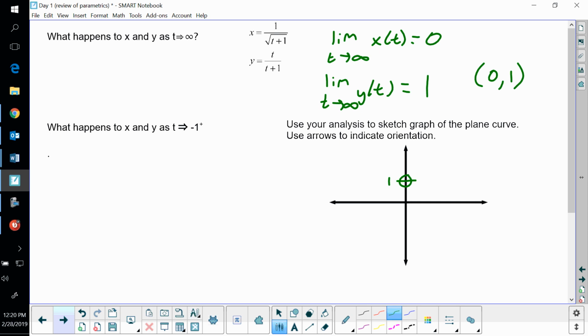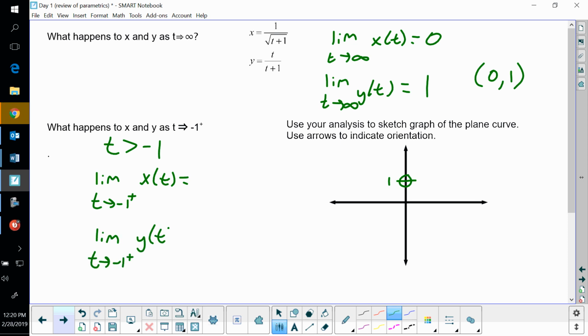Now the other thing we have to be concerned about is that domain that we had from above. We had t is greater than negative 1. So we can only have t values on the right side of negative 1. So we want to think about what is our limit as t approaches negative 1 from the right. And we'll do it for x of t, and we'll also do it for y of t. Well, negative 1 from the right would be like negative 0.9999999. If you put negative 0.999999 in there, we're going to get a really tiny positive in the denominator.